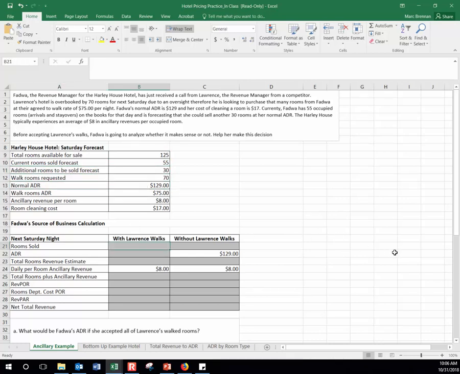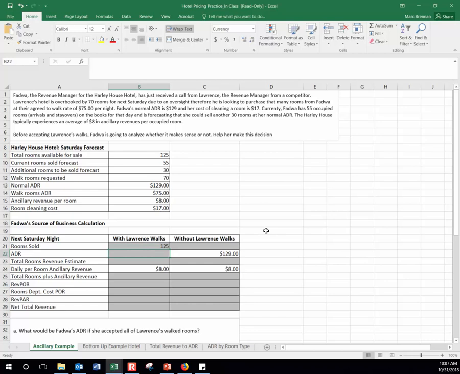If we add the current rooms and the walk rooms requested from Lawrence together, we're going to have a full hotel, 125 rooms. So what's our average daily rate?